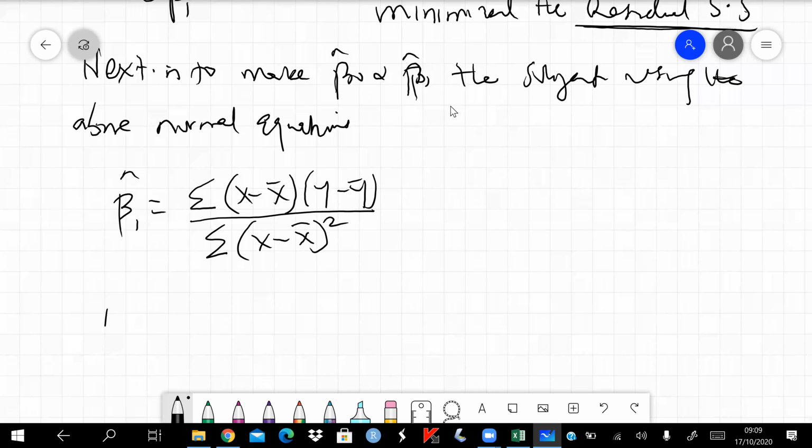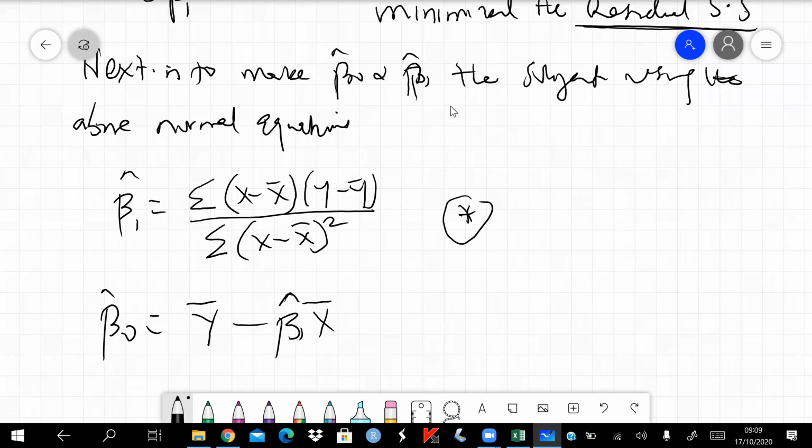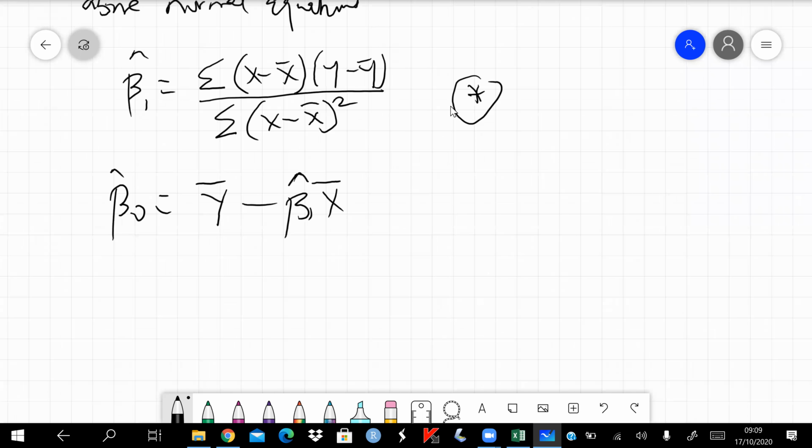And then beta naught estimate is y bar minus beta 1 estimate times x bar. Okay, then we noted that this expression can be written in different formats.